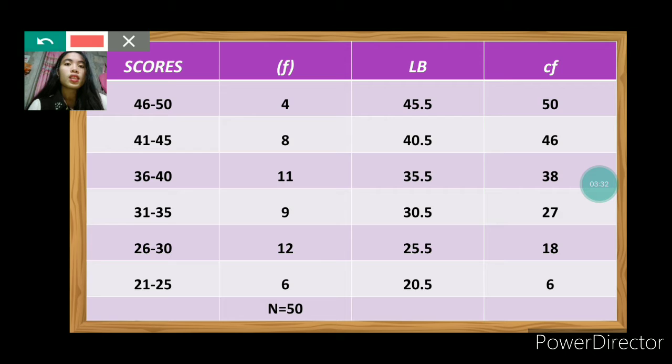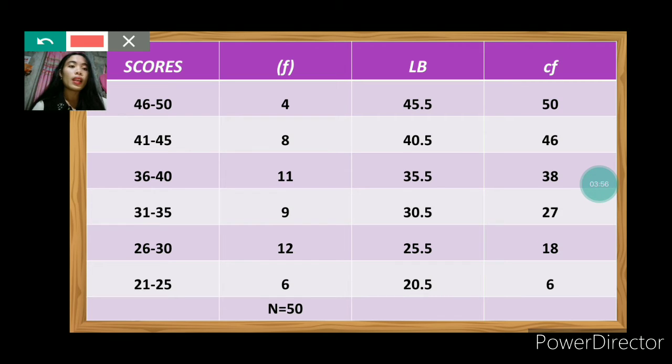Let's just say that these numbers are invisible, we have no data here. Let's focus here. We have 6, right? So here we will just copy the 6, and then because it's cumulative, we keep on adding.